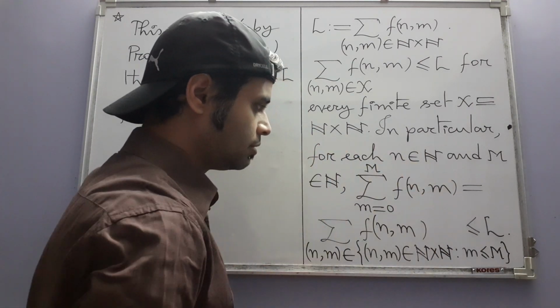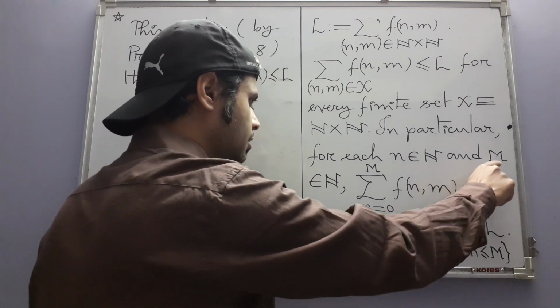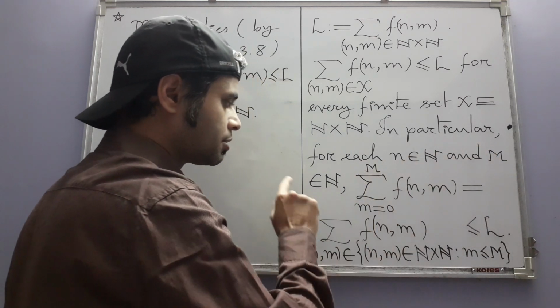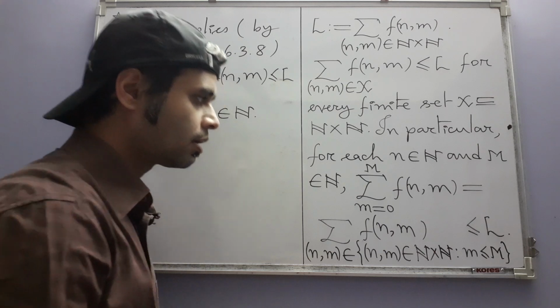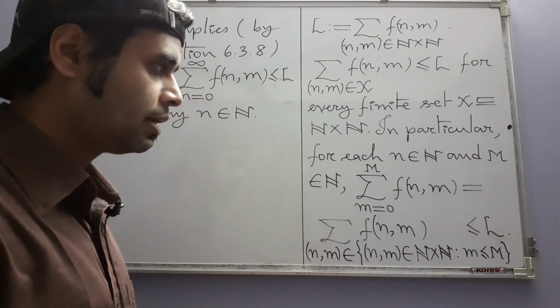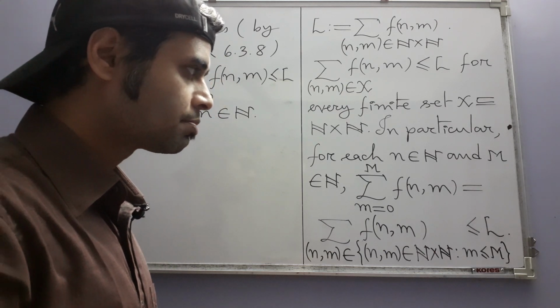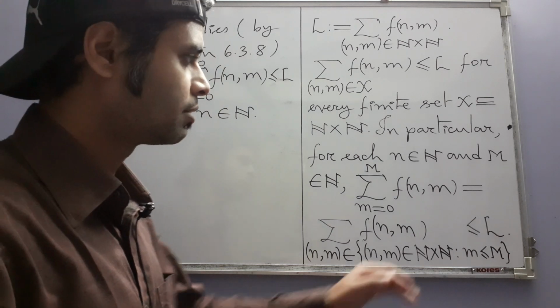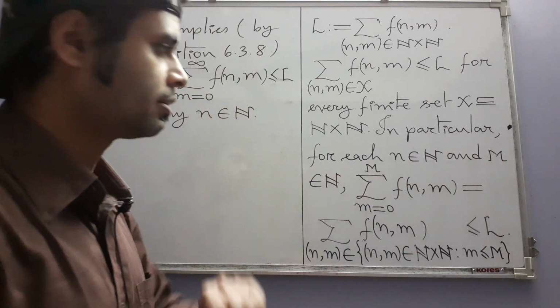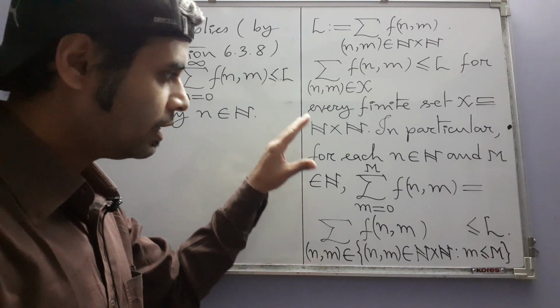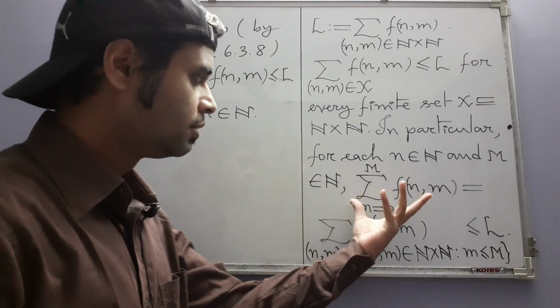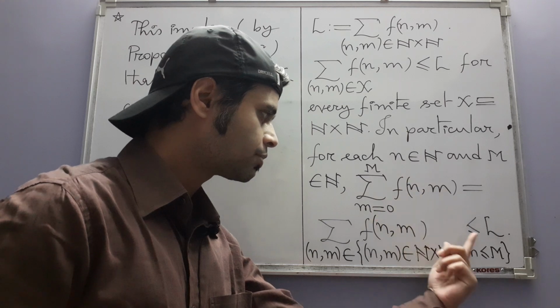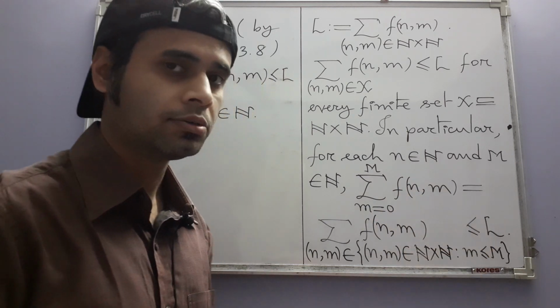But m is changing, and the capital M that we have chosen, because it's a natural number, we haven't said that it's something very special or some specific natural number. It's actually just any natural number. For any such capital M, this finite sum we have shown is less than or equal to L.